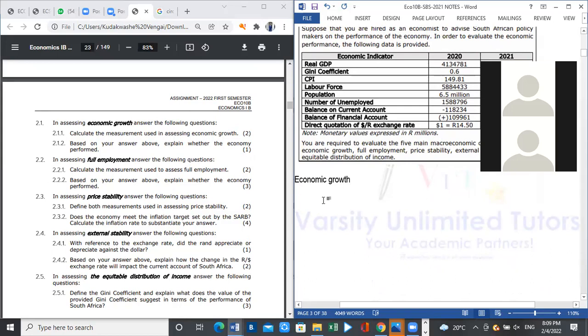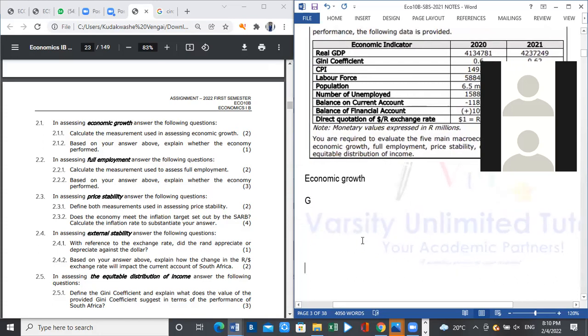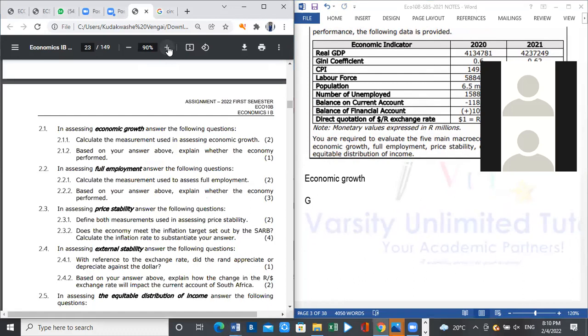All right, so earlier on, we highlighted the formula, which is the difference between the 2 GDPs. So you can see the current year's GDP. Let me just zoom in a little bit. Okay, I think now it's a little bit clearer. Let me zoom in on the question.